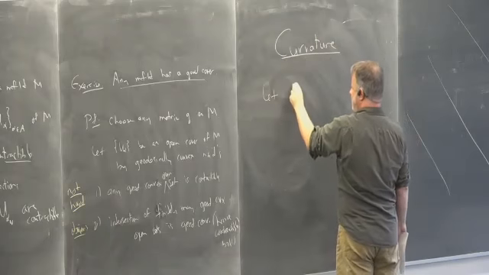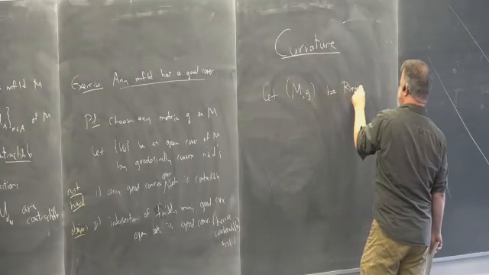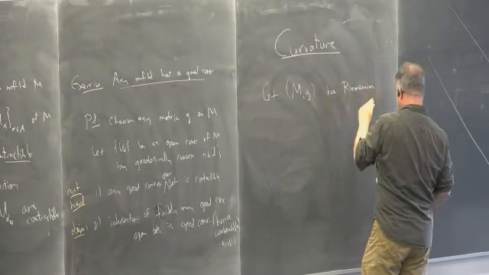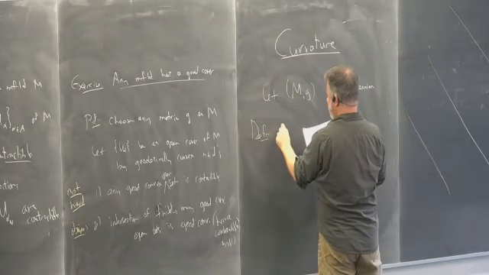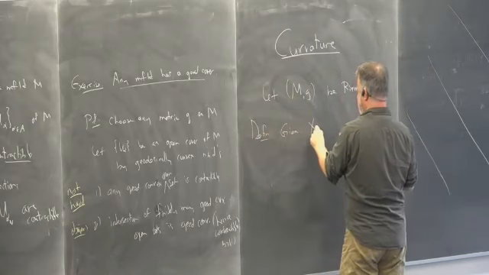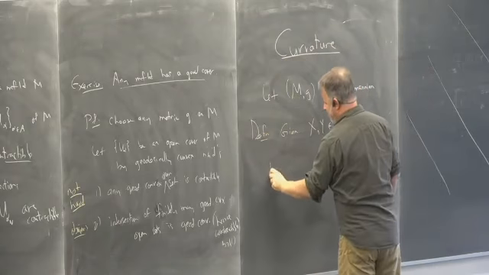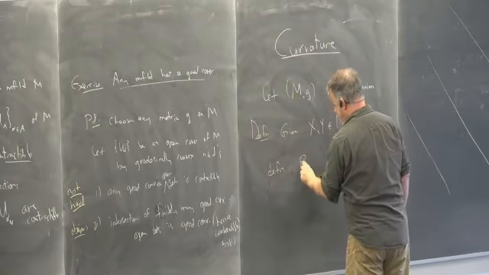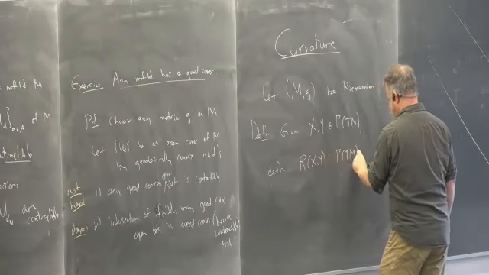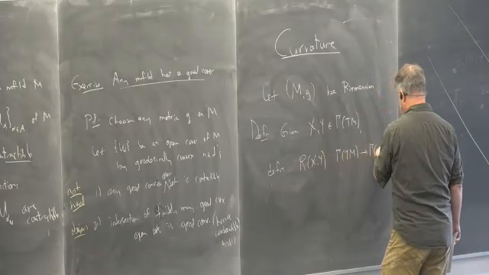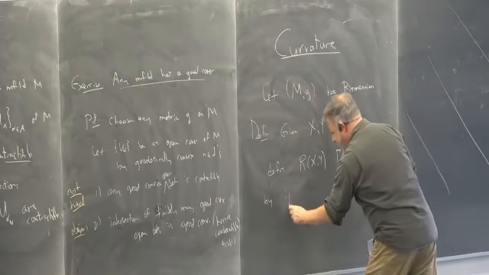Okay, so remember, as always, we have a manifold with a fixed Riemannian metric on there. Definition: given two vector fields X, Y on M, let's define a map R(X,Y), which is going to go from vector fields to vector fields by, well, I have to tell you what it does to a vector field.